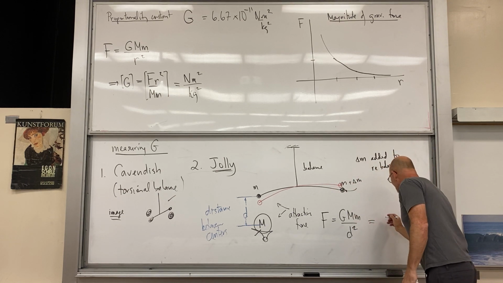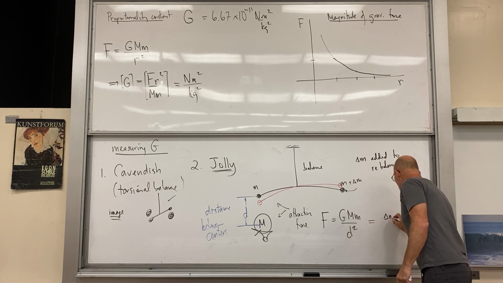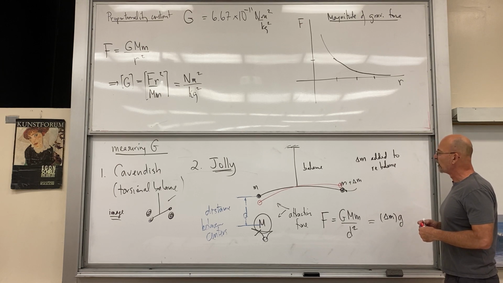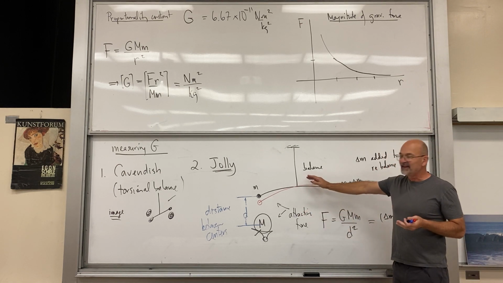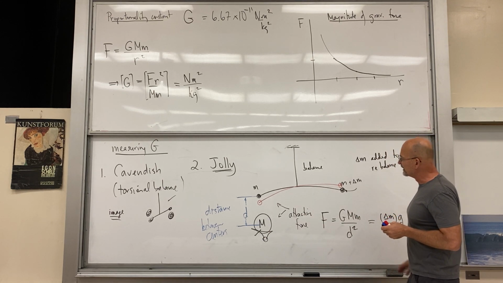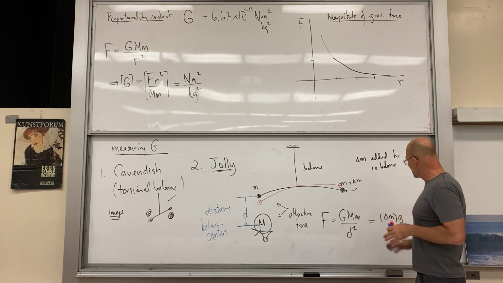So that's simply equal to this little delta M times G. By the way, this experiment, easy to describe, very, very sensitive and difficult to do because these forces are so weak, okay? But it can be done, it has been done.